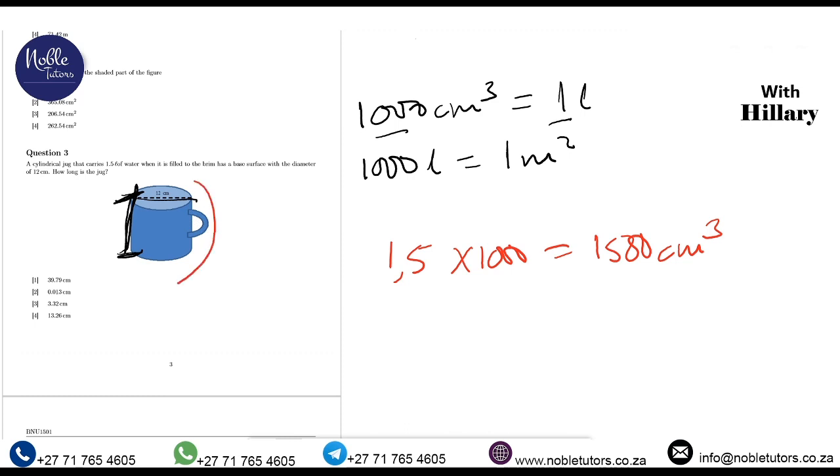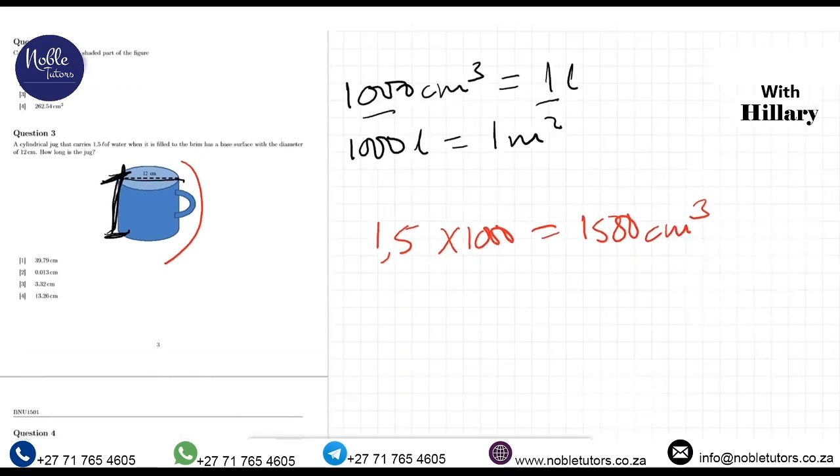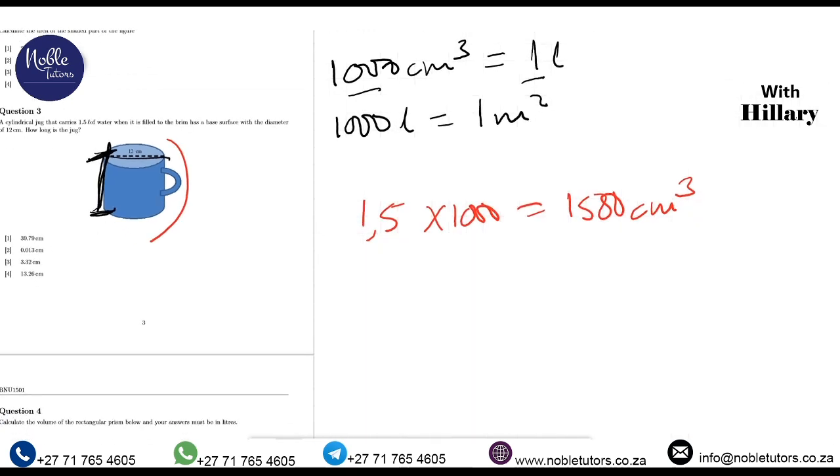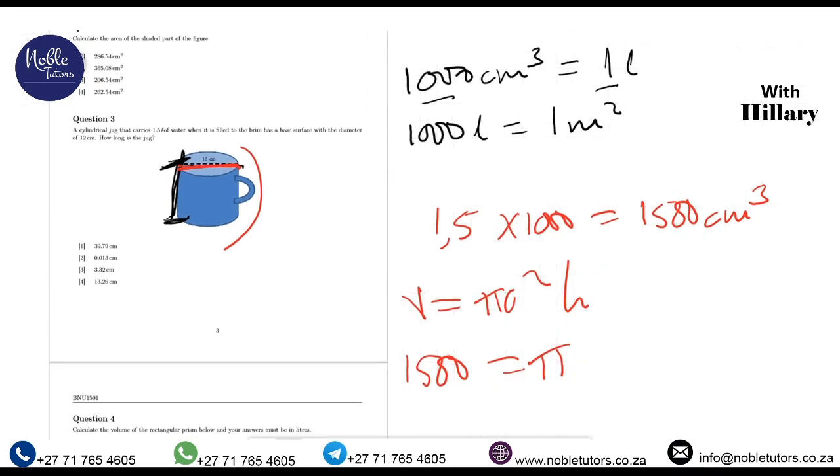So then, now we know that the formula of a cylinder, volume of a cylinder, is equals to pi r squared times the height, of which this volume, we got it to be 1,500. And pi is always given. The radius, we said the radius is half of the diameter, and they said the diameter is 12 centimeters.